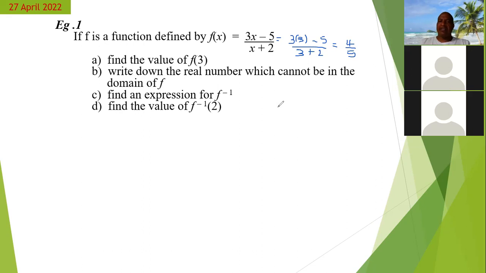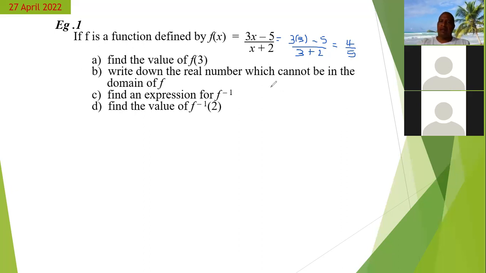In other words, which value of x would make this fraction meaningless or undefined? Anybody remember what it means when a fraction is undefined?